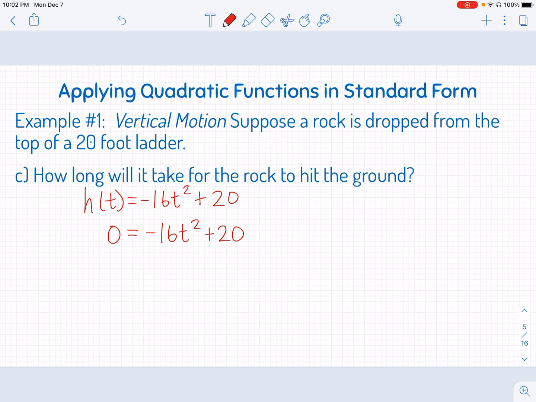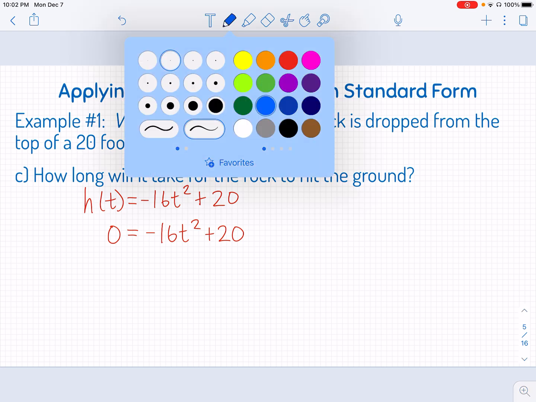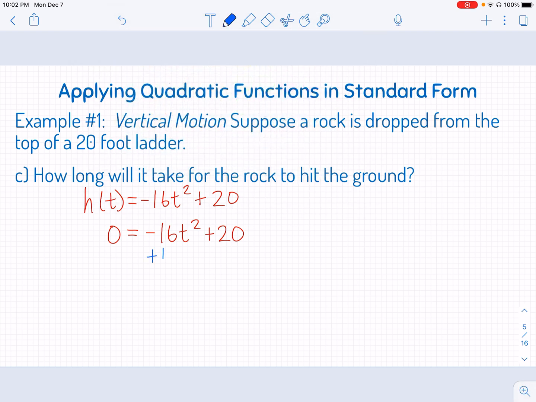You couldn't factor this one. There aren't factors of negative 16 times 20 that add to equal 0, or at least not that I can readily think of. You could use quadratic formula. You could complete the square, but it'd be a little weird because there's no b term. Or you could just use square roots. And I think square roots is probably the most straightforward for most of you.